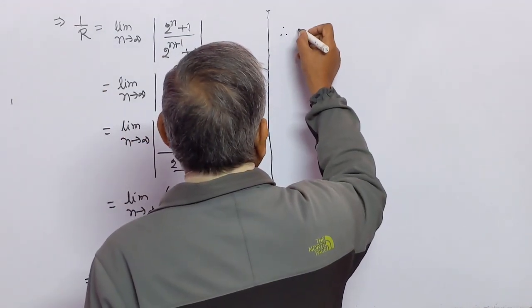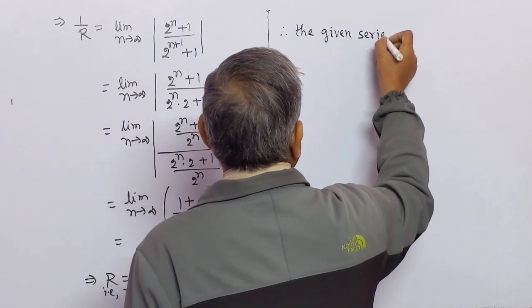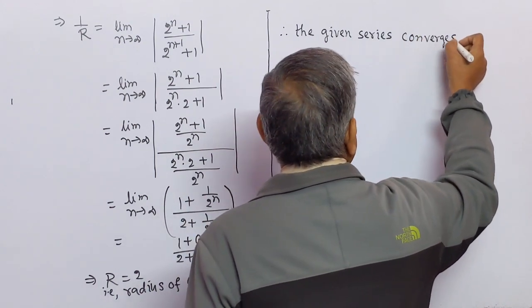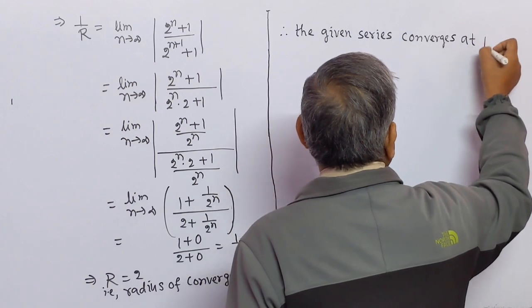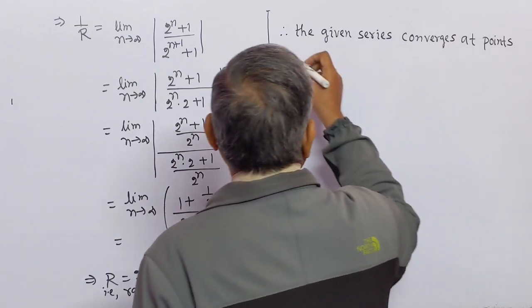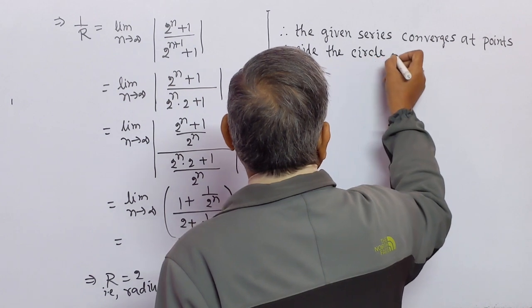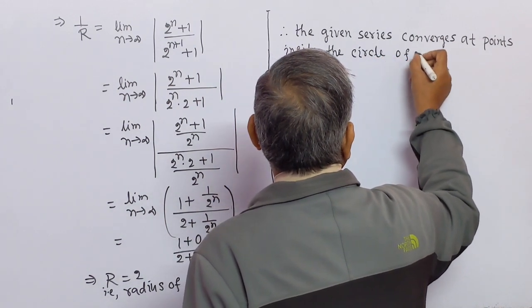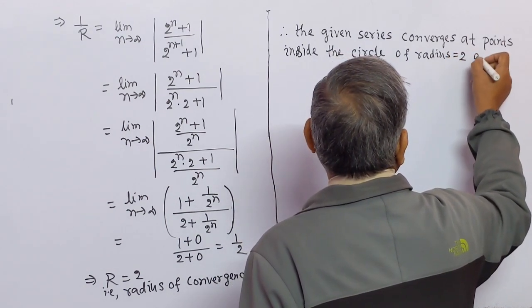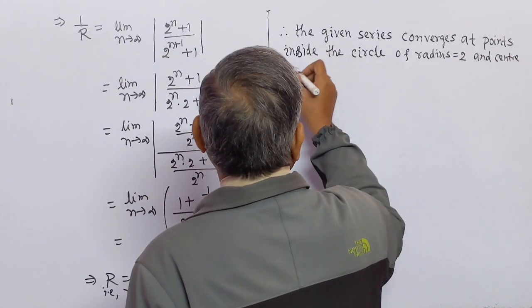Therefore, the given series converges at the points inside the circle of radius 2 and center z equal to 0.